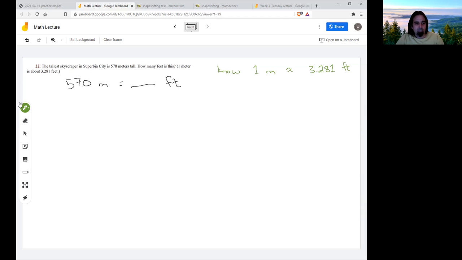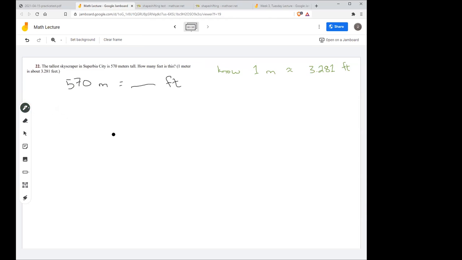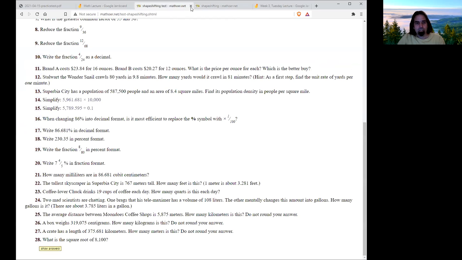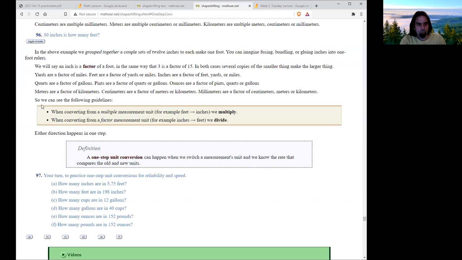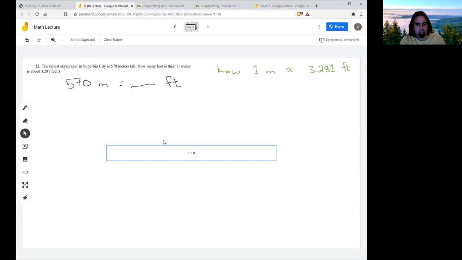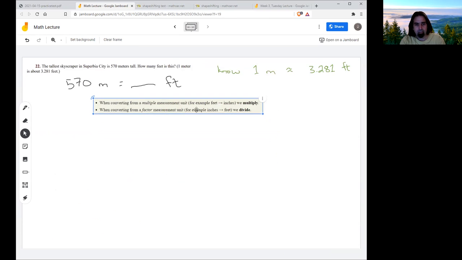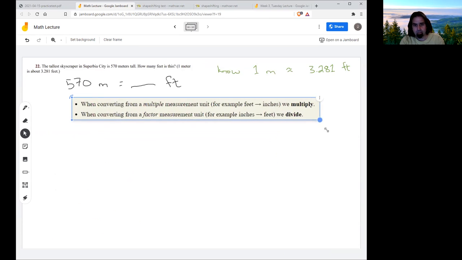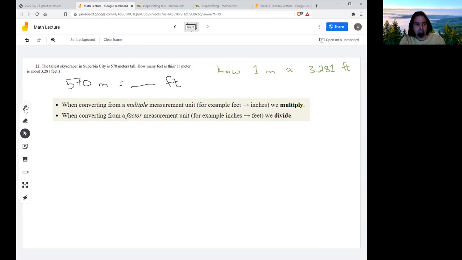What is it in this case? Are we multiplying or dividing the 570? Right, divide? Right. So the rules said, a meter is multiple feet.